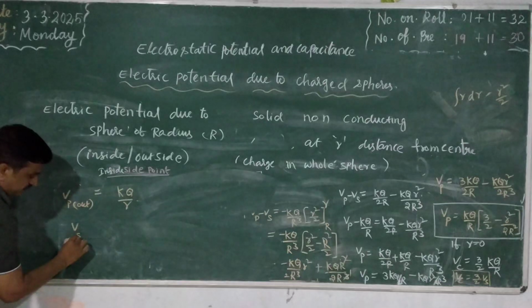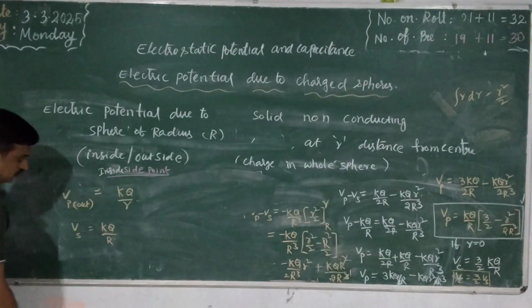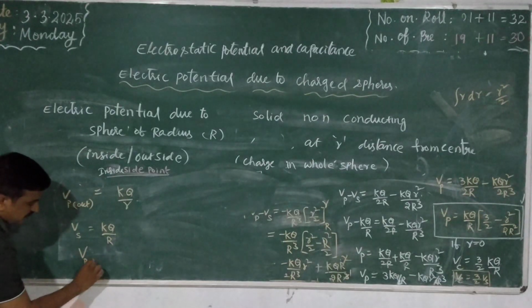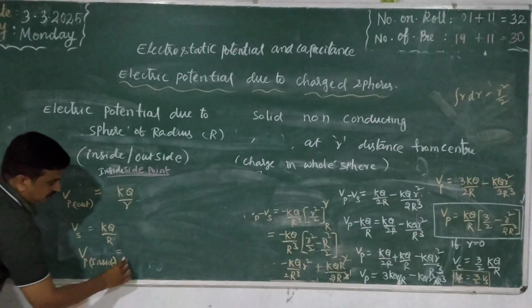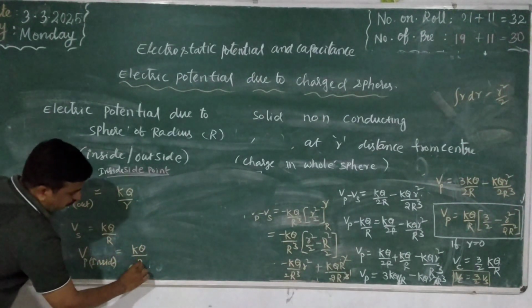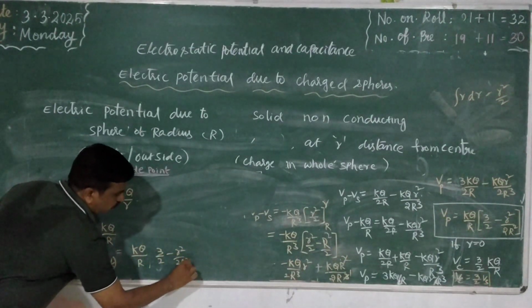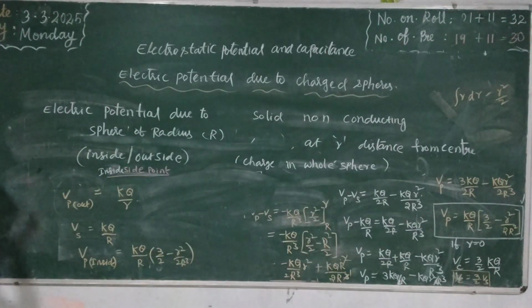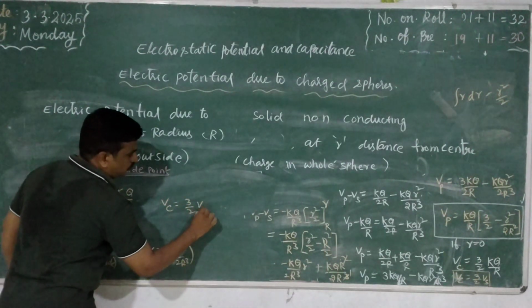Potential on the surface is KQ by capital R. Potential at an inside point, at distance r from the center, is KQ by capital R times 3 by 2 minus r square by 2R square. It is the potential inside, at distance from the center, for a solid non-conducting sphere. Potential at the center is 3 by 2 times potential at the surface.